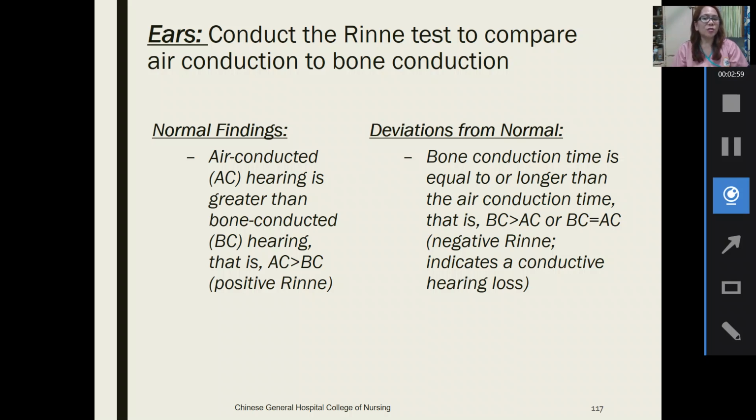The bone conduction time is equal or longer than the air conduction time. So, inoorasan mo rin yun. Kung ilang minutes, kung pinakinggan dito, ilang minutes din dito. Sa anong mas mahaba, ano yung mas matagal na mas naririnig niya, na mas malakas. Okay, that indicates a negative Rinne's test or indicates a conductive hearing loss.